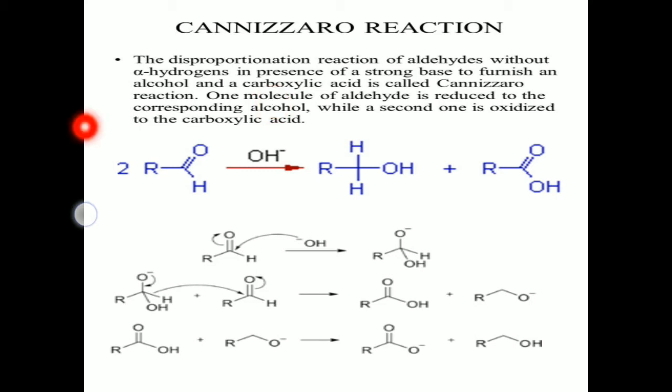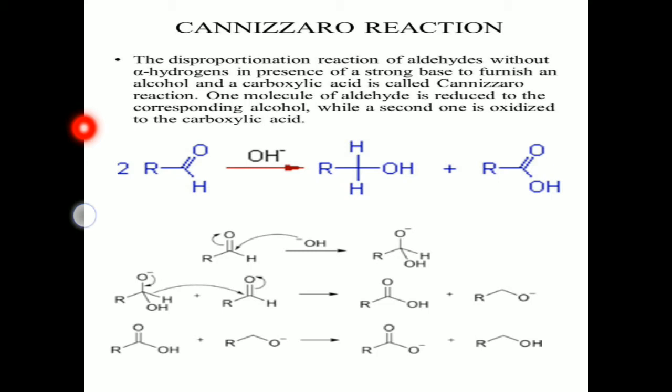What is happening here? In the presence of strong base, of two molecules of aldehyde without any alpha hydrogens, one undergoes reaction to form alcohol. This is called reduction of that aldehyde; aldehyde to alcohol is the reverse of oxidation.